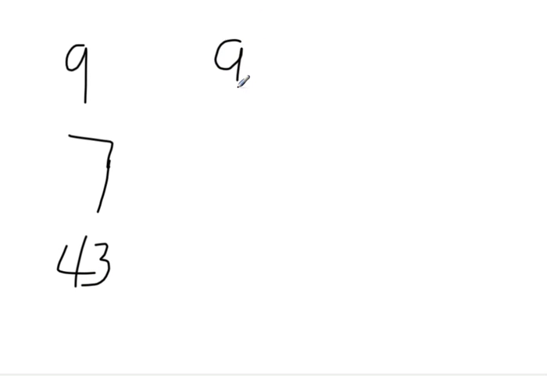Let's move on and use our same numbers, 9, 7, and 43. So if I did 9 times 100, using that same trick, I already know that 9 times 10 is 90.